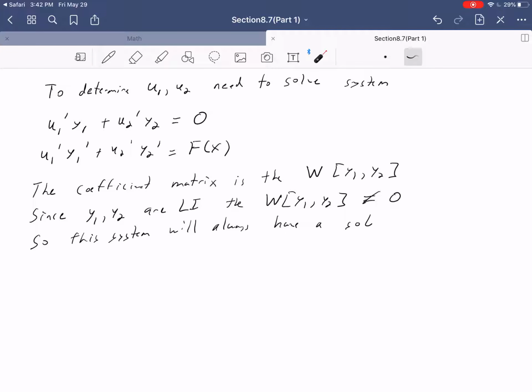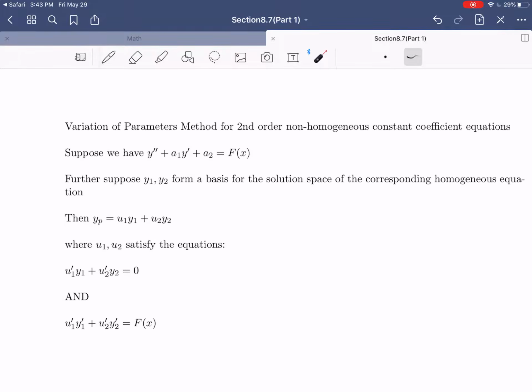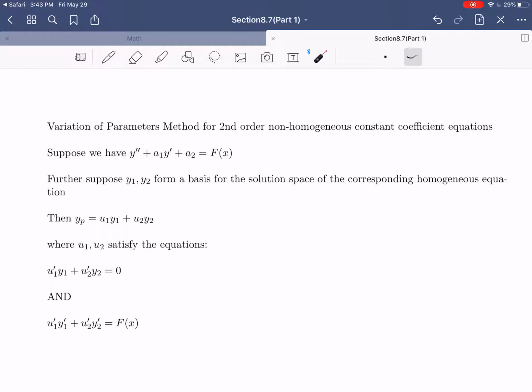So let's go ahead and summarize what we just figured out here. So this is sort of a summary of the variation of parameters method for second order non-homogeneous constant coefficient equations. Like we said, in the next video, we'll extend this to the nth order, but right now we're just working on second order. So suppose we have this second order non-homogeneous constant coefficient equation. We're using the notation that y1 and y2 form a basis for the solution space of the corresponding homogeneous equation.